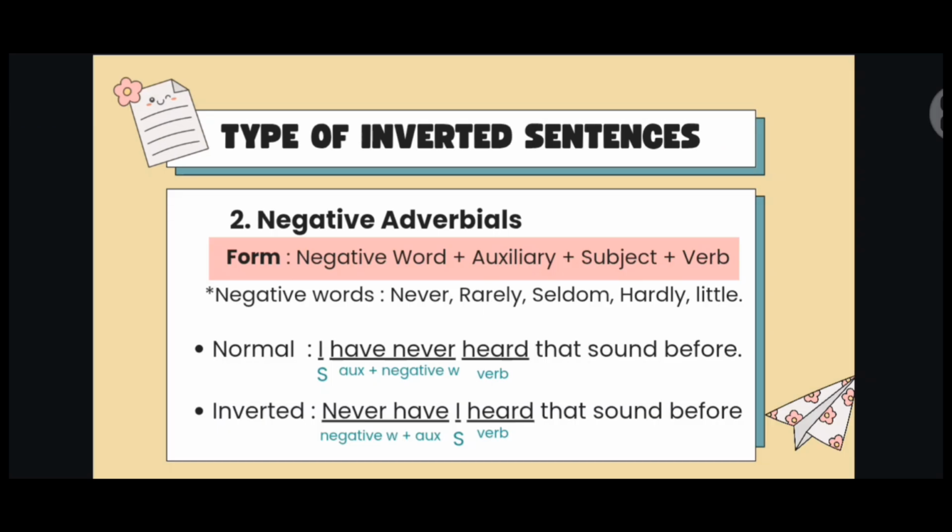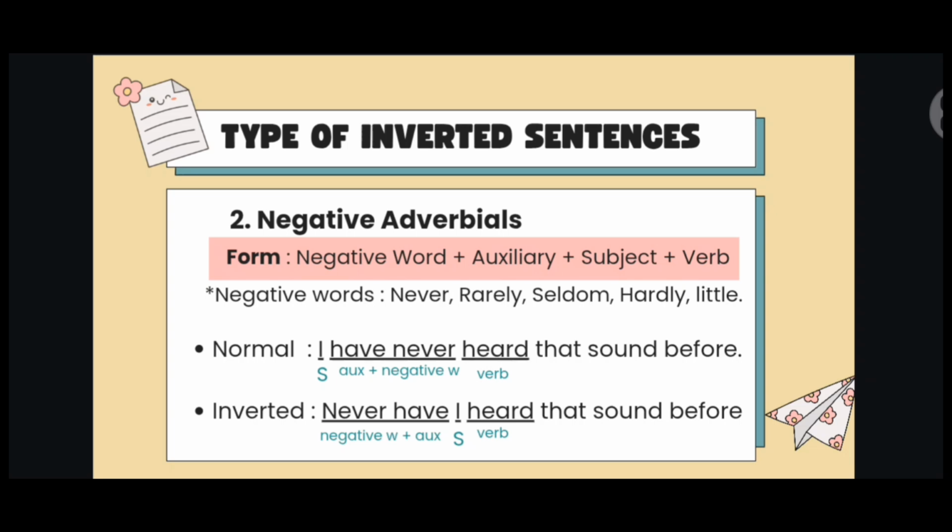The second type of inverted sentences is negative adverbials. The form is negative word plus auxiliary plus subject plus verb. Negative words include never, rarely, seldom, hardly, and little. In the normal sentence, I have never heard that sound before.